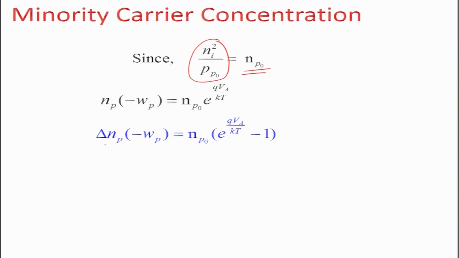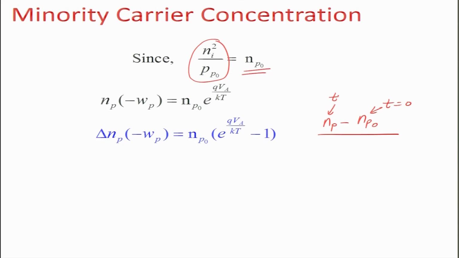Now I can write delta Np, the change in carrier concentration. Delta Np at -Wp is equal to Np(-Wp) minus Np0, with respect to the original one. Essentially it is Np minus Np0; Np0 is at t equal to 0, and Np is at some time t after the perturbation has been made.